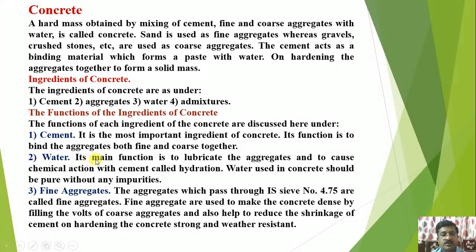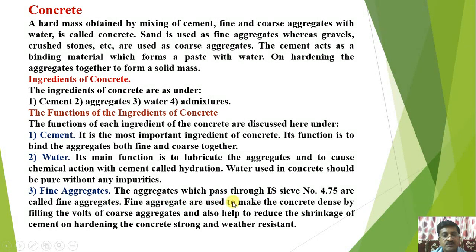Water: its main function is to lubricate the aggregates and cause chemical action with cement, called hydration. Water used in concrete should be pure, without any impurities. Fine aggregates: the aggregates which pass through the IS sieve number 4.75 are called fine aggregates.